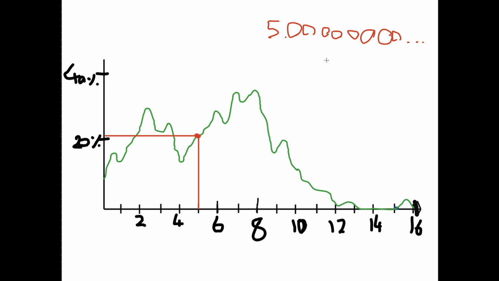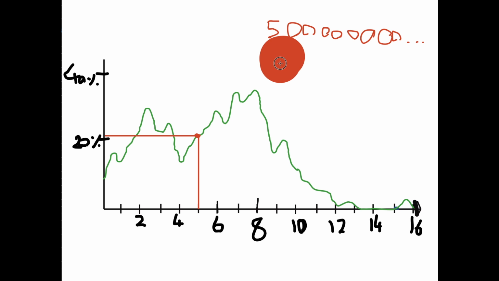Look, a line has no area, it only has length. And, well, in this case, there's width. If we extend this, there's width. But anyway, we're assuming that a line has no width, only length. That means that there are no kids that did exactly 5 hours.